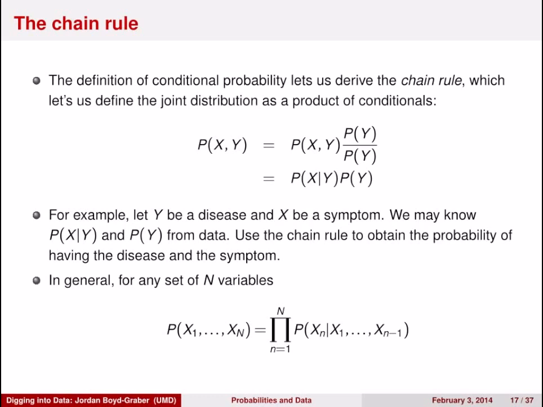Given these conditional probabilities and the probability of the overall prevalence of the symptom in the population, you can compute the joint probability of the symptom and the disease. In general, for any set of n variables, you can create a joint distribution by conditioning each variable on all the others.